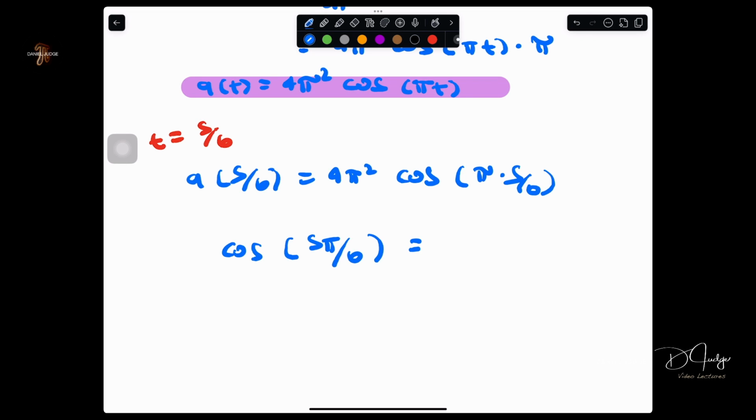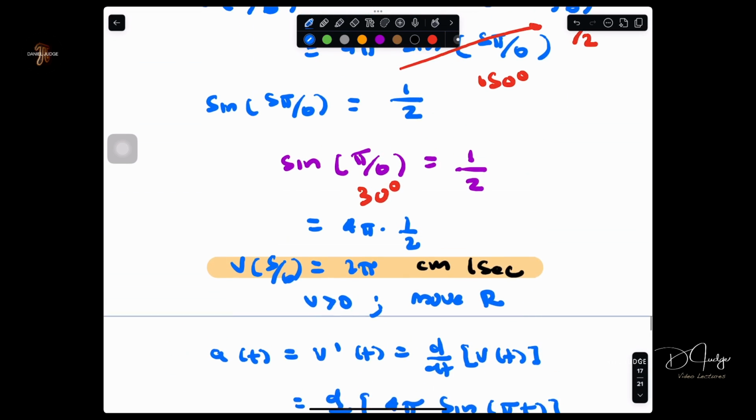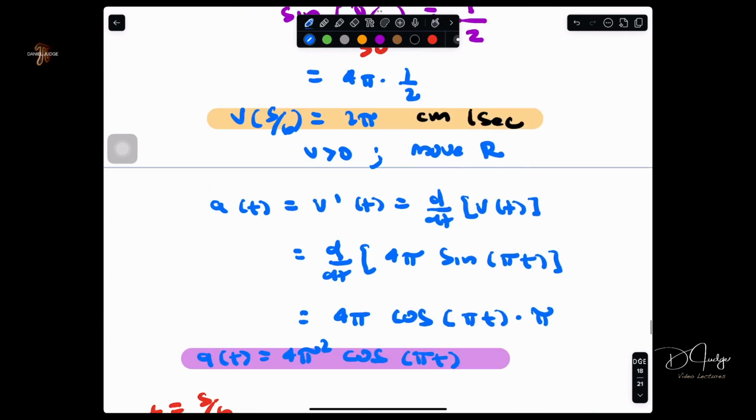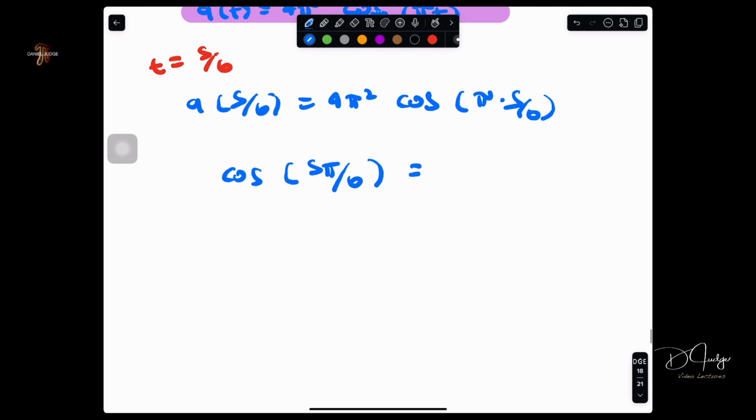I think we know that already. We already had that answer. Cosine 5 pi over 6, yes, we do. It's negative square root of 3 over 2. We already answered that.